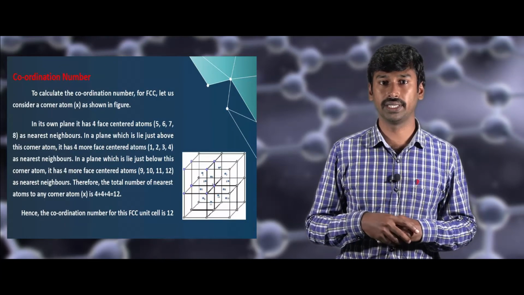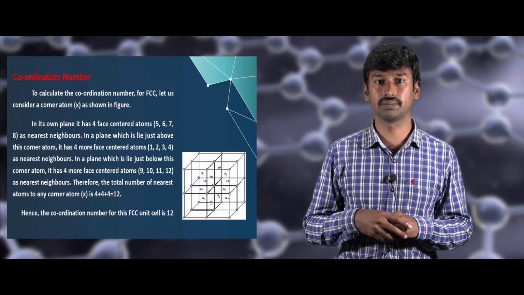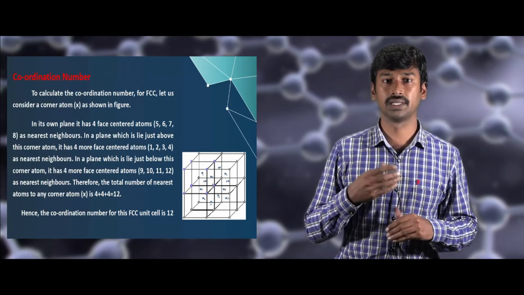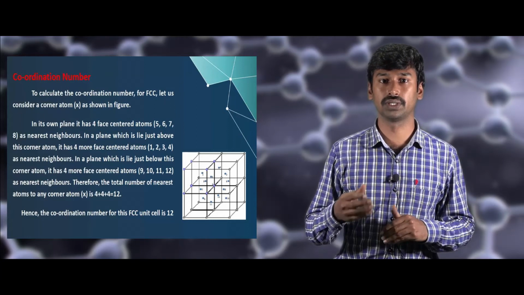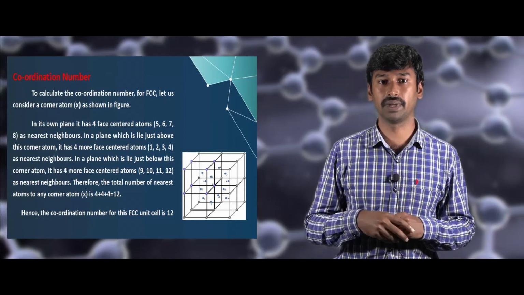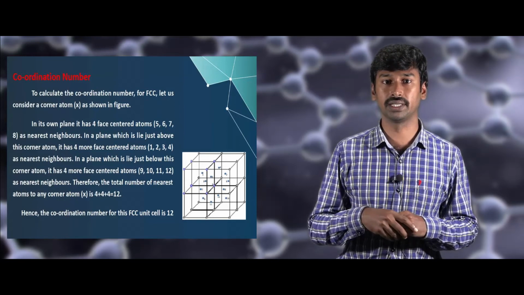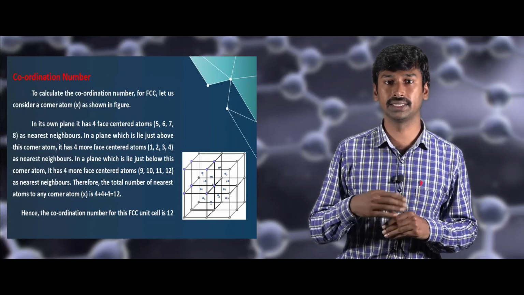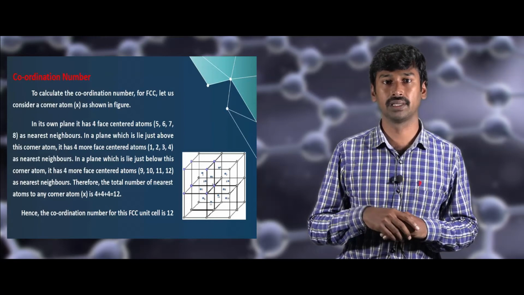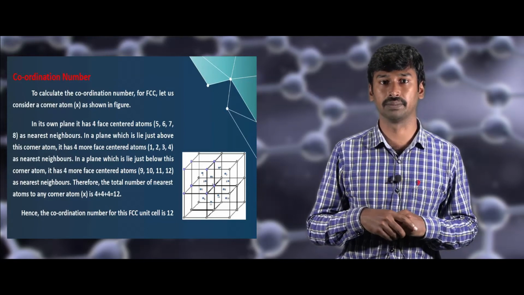Let us see the coordination number for this FCC system. To calculate the coordination number for this FCC system, we must fix a corner atom, say X, which is shown in this figure. In its own plane, it has 4 nearest neighboring atoms as face centers of the unit cells. In another plane, which is lying just above this corner atom X, we have 4 face center atoms as nearest neighboring atoms.